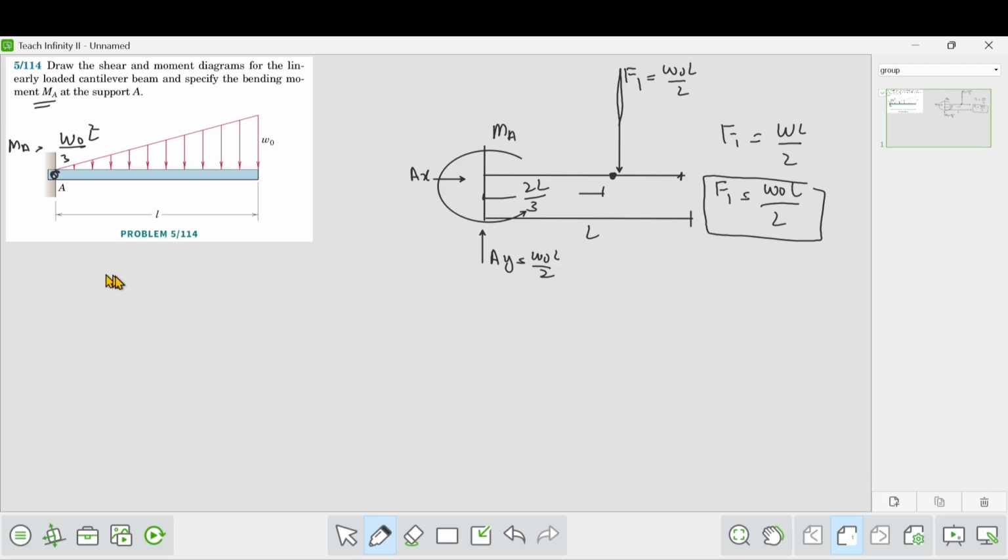For this I take a section of this cantilever beam. If I take this section, it will look like this. Now I copy it to the next page.